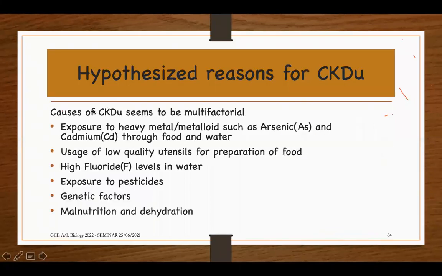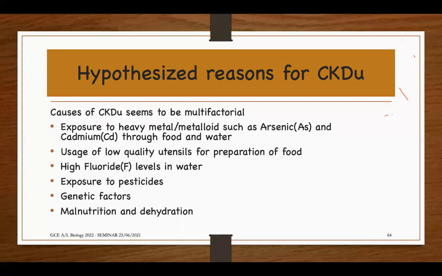The hypothesized reasons for CKDU. The causes of CKDU can be multifactorial, which means there can be plenty of reasons. Either heavy metals like arsenic or cadmium can be the reason, or maybe in rural areas the hygiene of the people may be quite low, so the food preparing utensils may be of low quality, high fluoride levels, and pesticides that farmers are using in the fields.